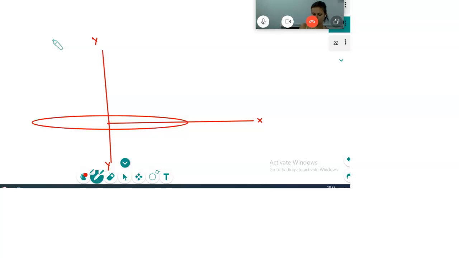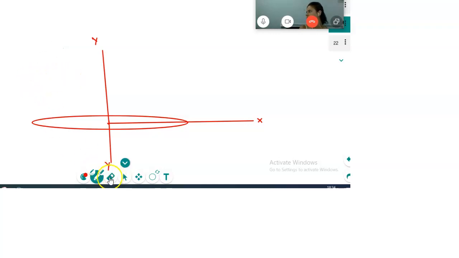So what is this axis? This is the y axis, correct? So we are getting the moment of inertia about y now. You see here. And the x axis is passing like this. Is it clear? Yes.